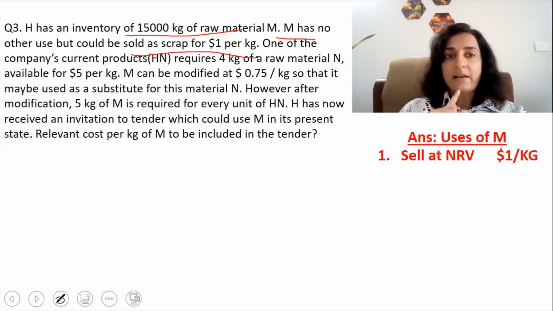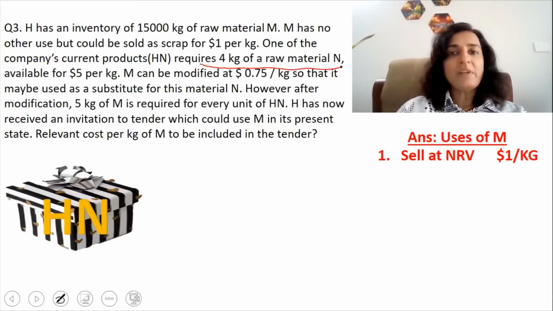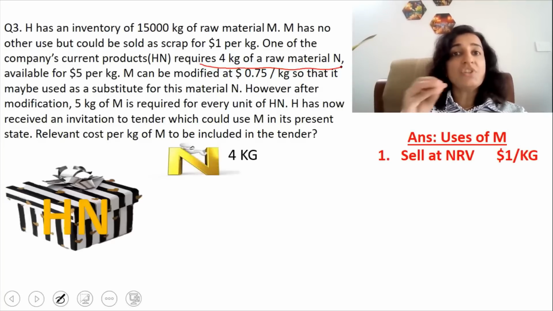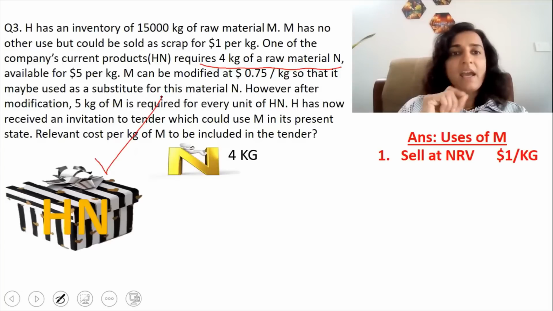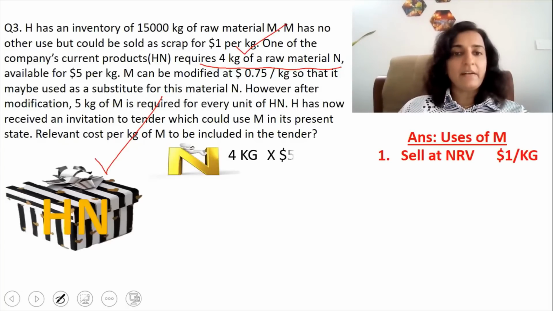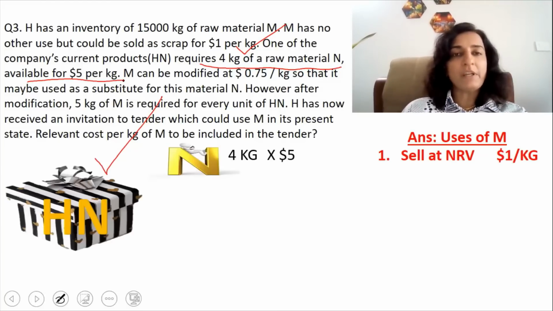One of the company's current products, HN, requires 4 kg of raw material N. So we have a raw material N, which is used for the production of the product HN, and we use 4 kg of raw material N. And the rate available is $5 per kg.